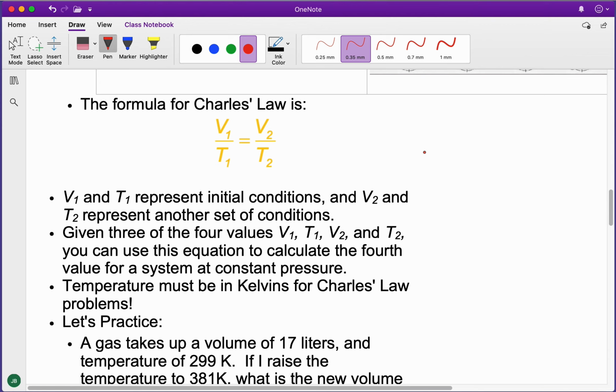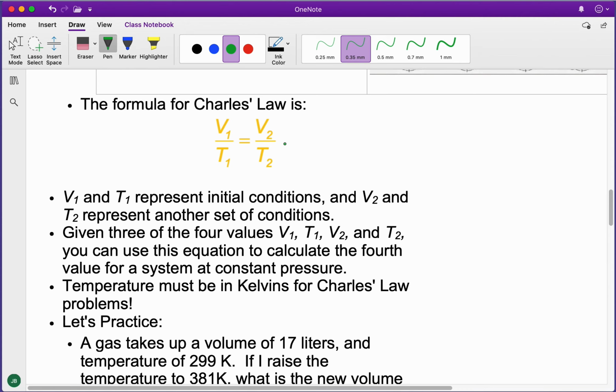Now, for some of y'all, you may be looking at this formula and starting to freak out because it's a fraction and fractions just bother you to no end. If you are one of those people, I do have something that I'm hoping will help you feel a little bit better about Charles's law.